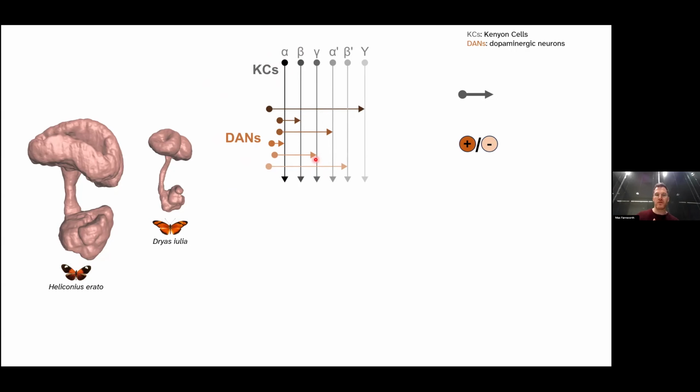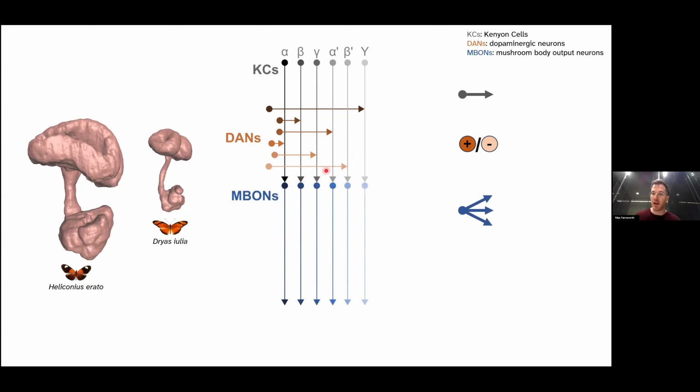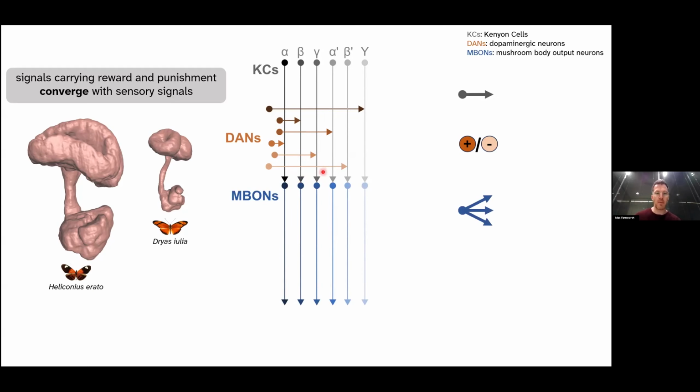And this corresponds to whether it informs the neuron to reward the sensory signal or to connect it with a positive signal or with a negative signal. And then what we end up with is a modified signal that then is projected into other brain areas. So this all sounds very complicated, but the only thing that it means is that we have a convergence of sensory information with internal information that induces a learning paradigm, basically.